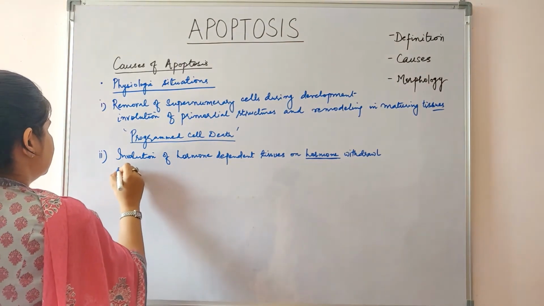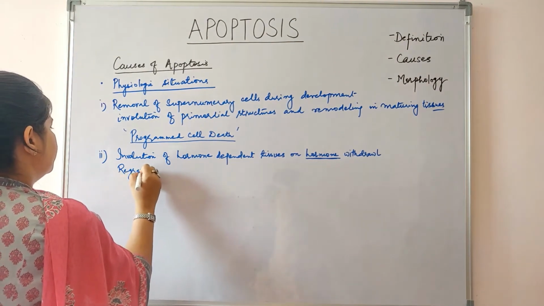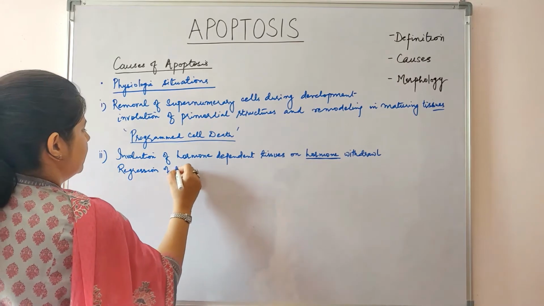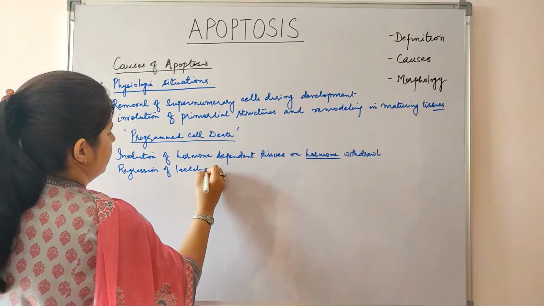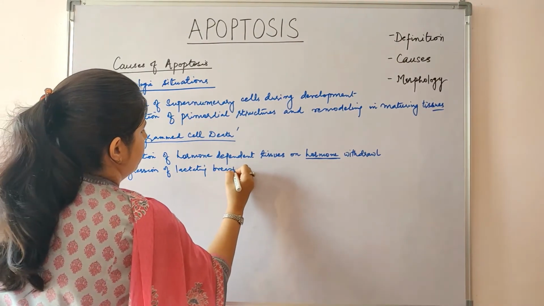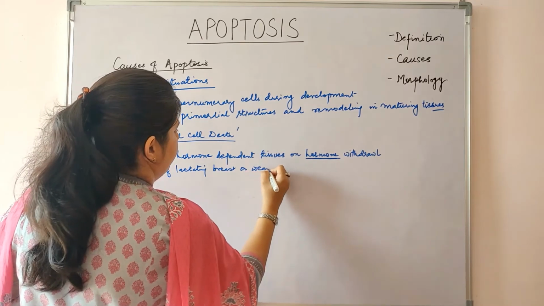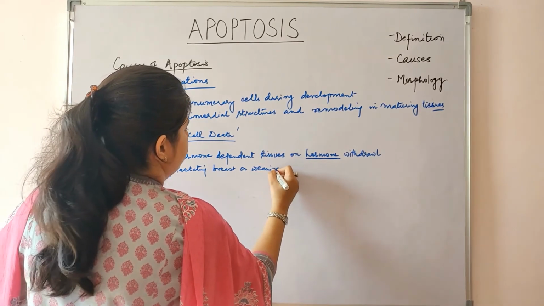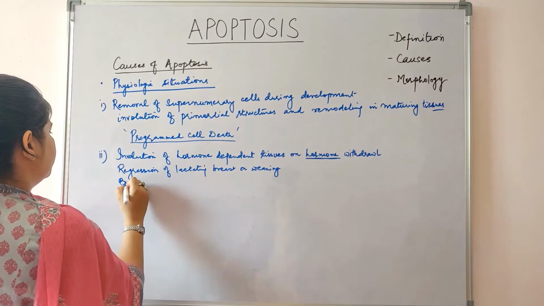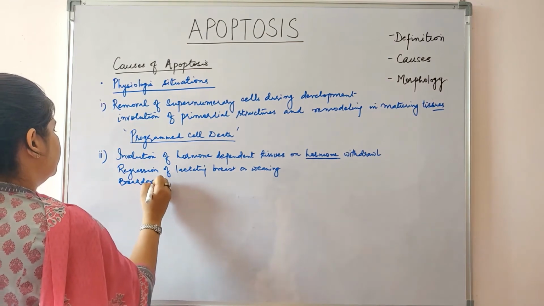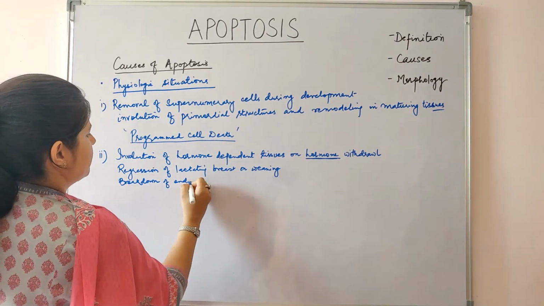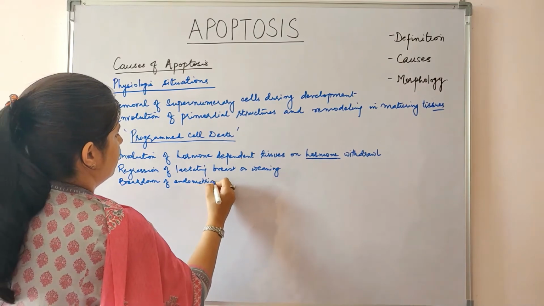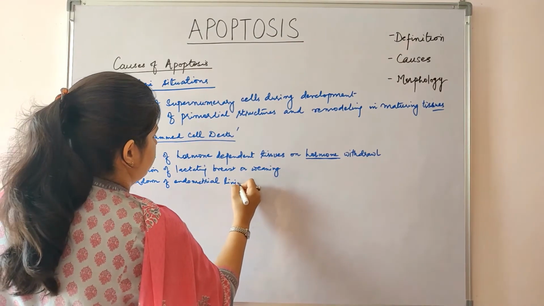Examples are the regression of lactating breast on weaning, and the breakdown of endometrial lining during menstruation.